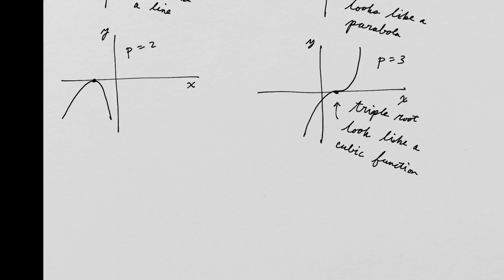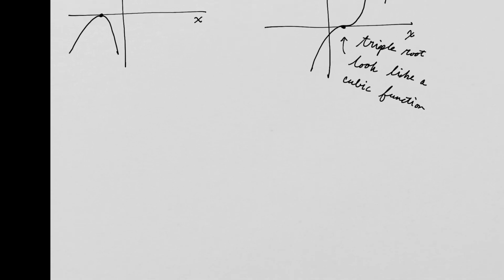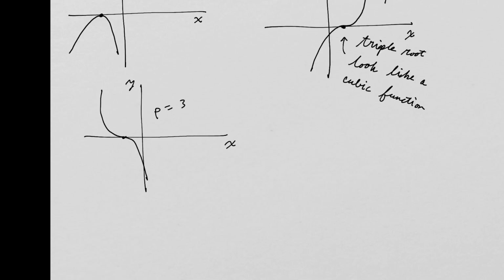And again, depending on the polynomial, it could be flipped. So this would also be a case where p is 3. What if it does this, like that? Then that would also be p equal to 3. It looks like a cubic function near the root, so that'd be a triple root.